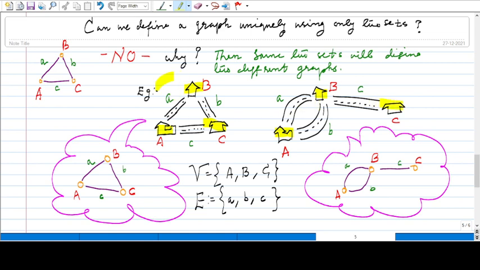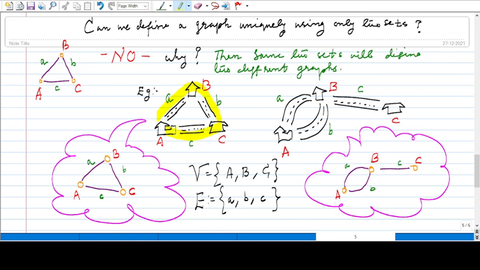From the first picture, it is very clear that I can travel from A through the road a and reach B, and I can travel through b and reach C, and I can come back through c. So from A, I am going through distinct roads or distinct edges, a, b, c.